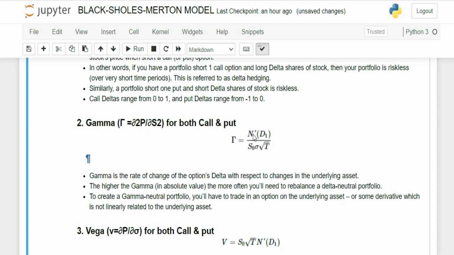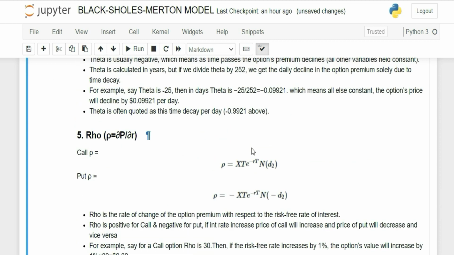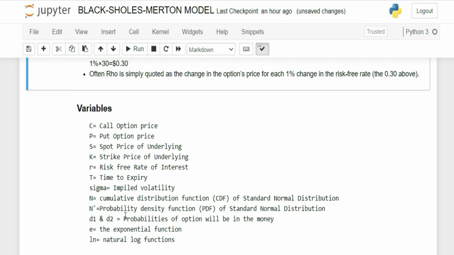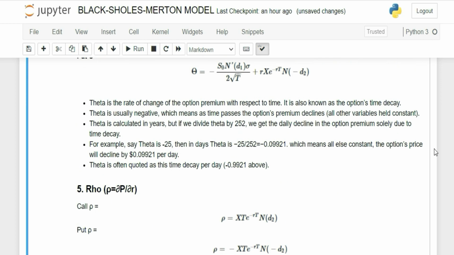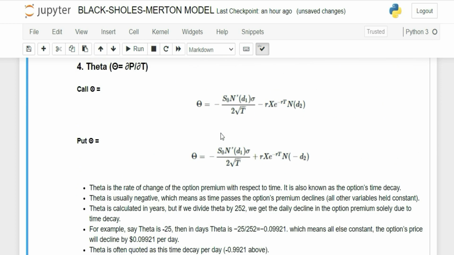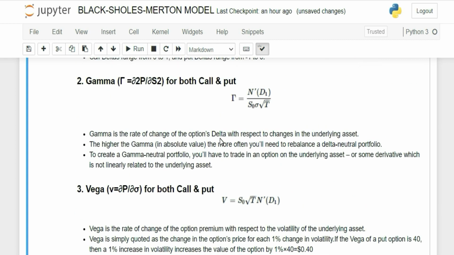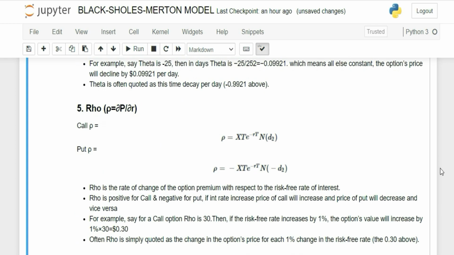This N dash, as I told you, is your probability density function, not the CDF function. So you have to put norm.pdf here for gamma, of d1.